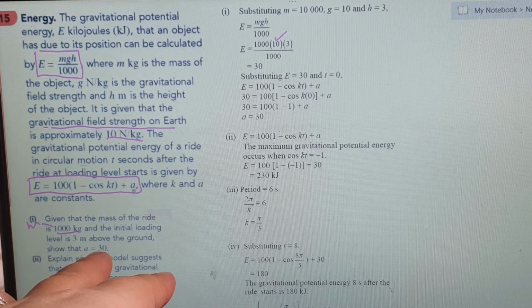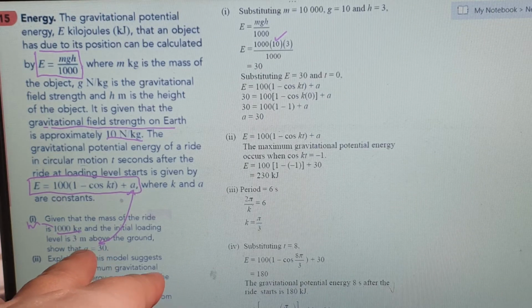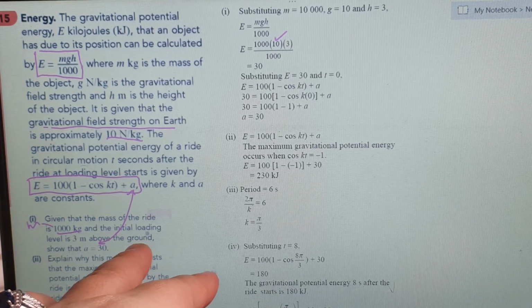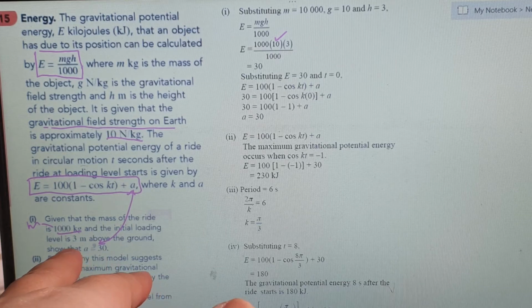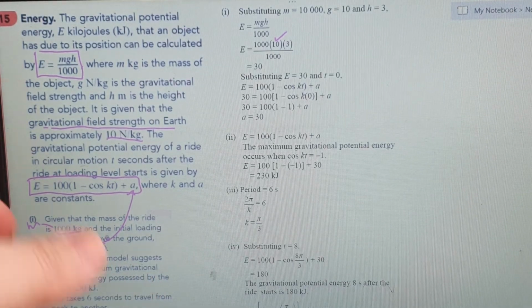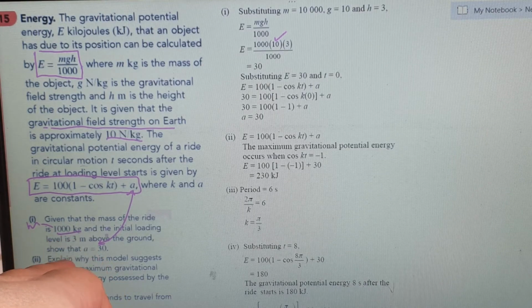So this is the A that they're referring to, okay? You need to show that it's this. But how to show? The initial loading is 3 meters from the ground. What does this initial loading mean? And given that the mass is 1000, so how do you do this question? Now this is your H.